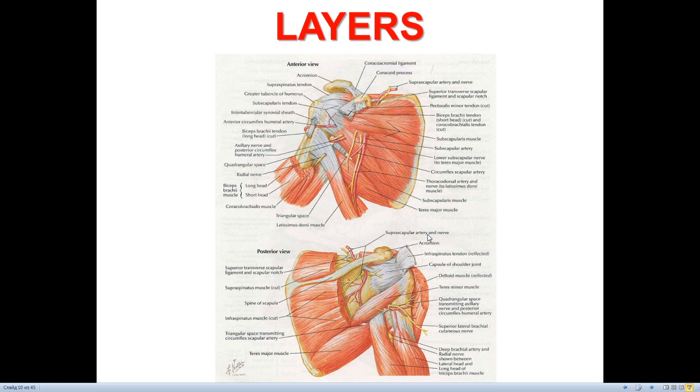Posteriorly, it's the latissimus dorsi muscle, greater and lesser teres major, teres minor muscle, and subscapular muscle.